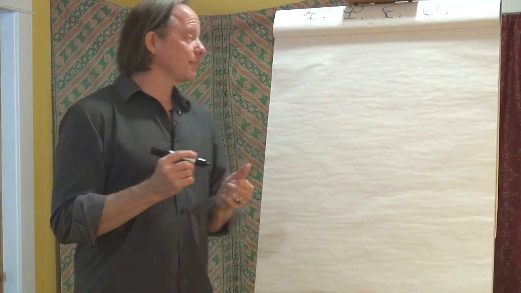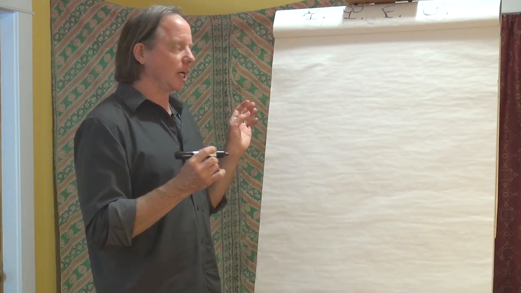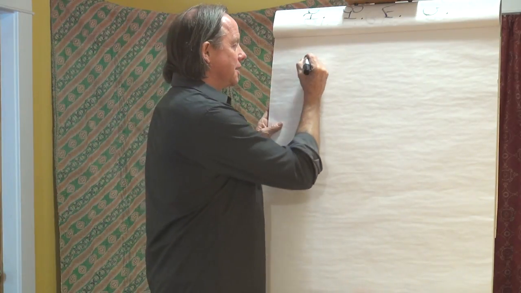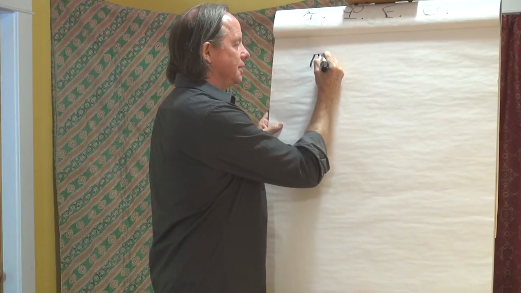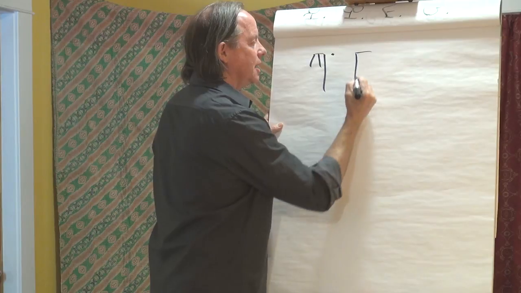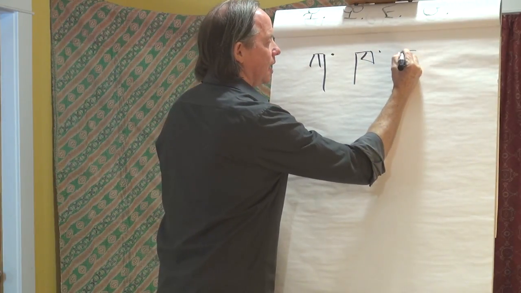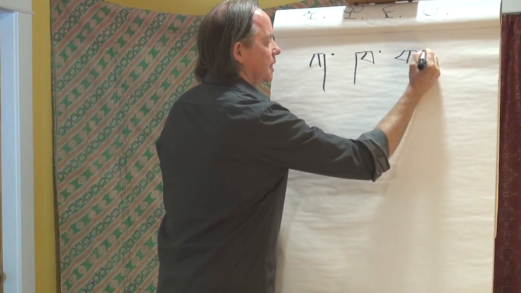There are also two minor subjoined letters that we're going to talk about today if we have time. So I'm going to take the first three letters of the Tibetan alphabet, which are ga, first column, right? Ga, and then ka, and then ka.